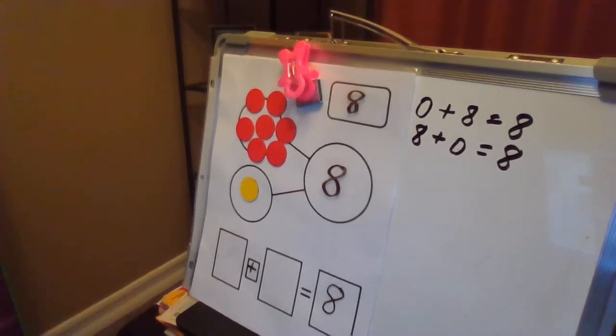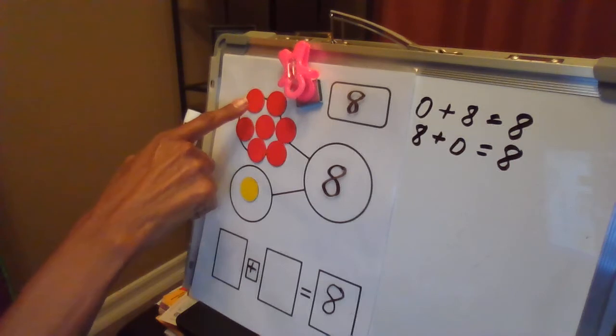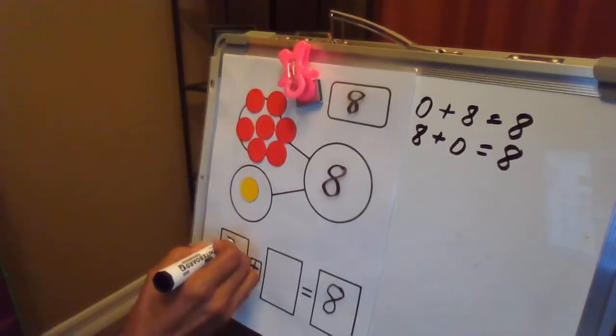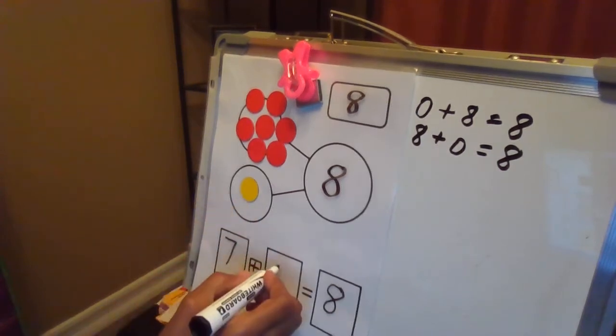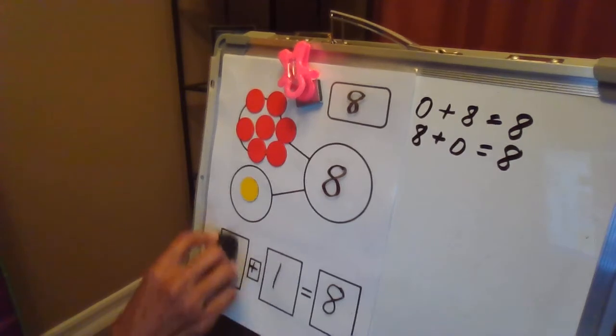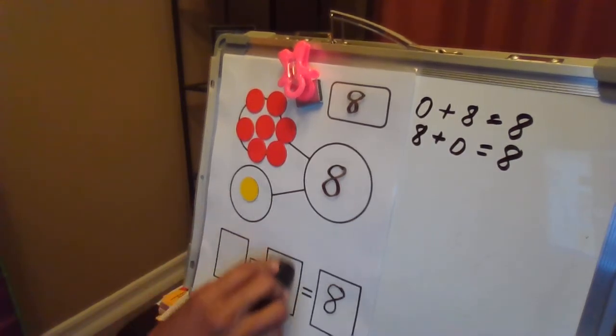And I can write that number sentence because we have 1, 2, 3, 4, 5, 6, 7, plus one more equals 8.